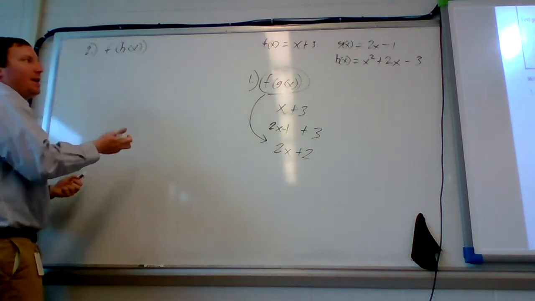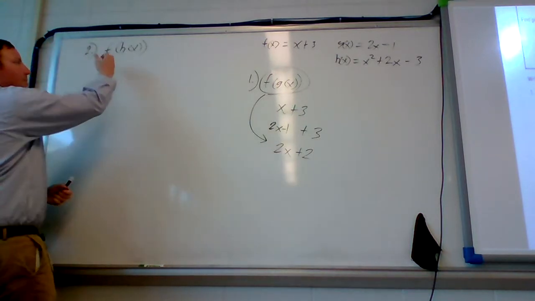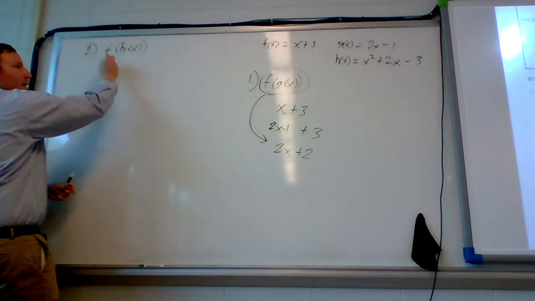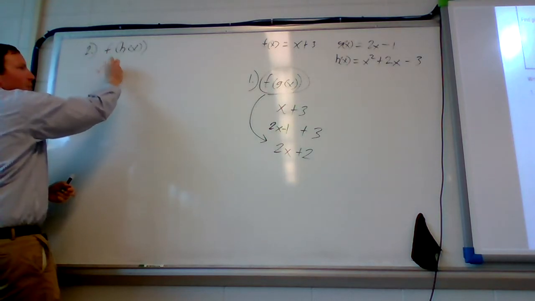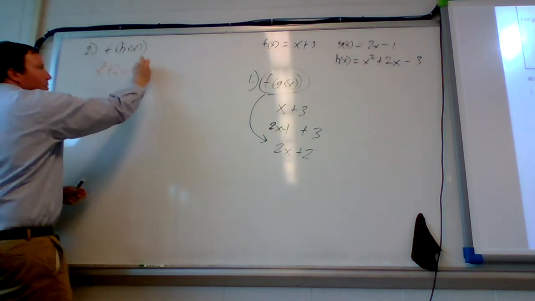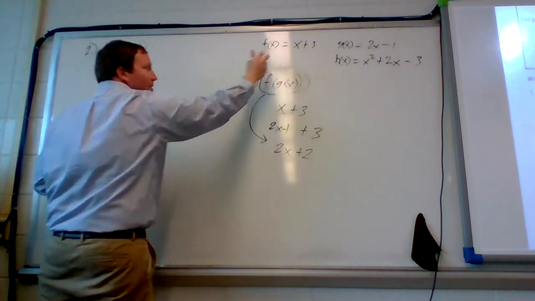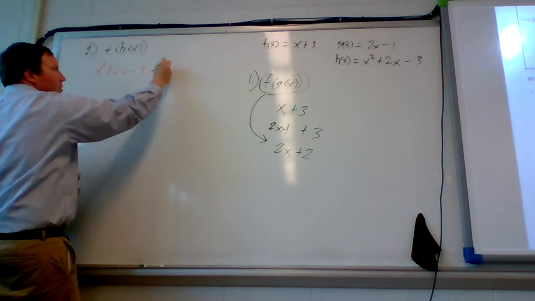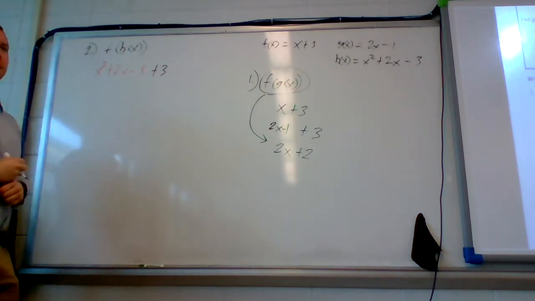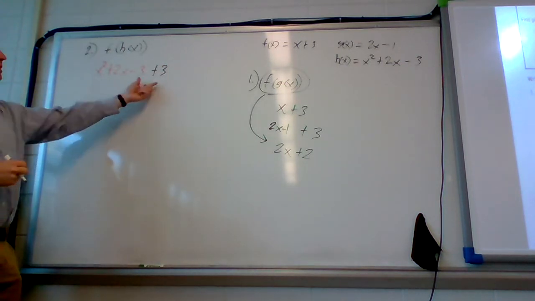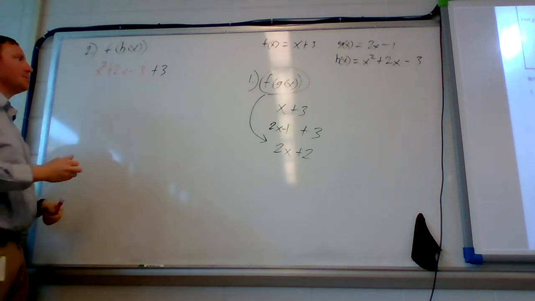So f of x is just x plus 3, so I'm going to replace my x with what h of x is equal to, which is x squared plus 2x minus 3. And the rest of f of x is just that plus 3. Combine your like terms. Well, I've got a negative 3 and a positive 3.